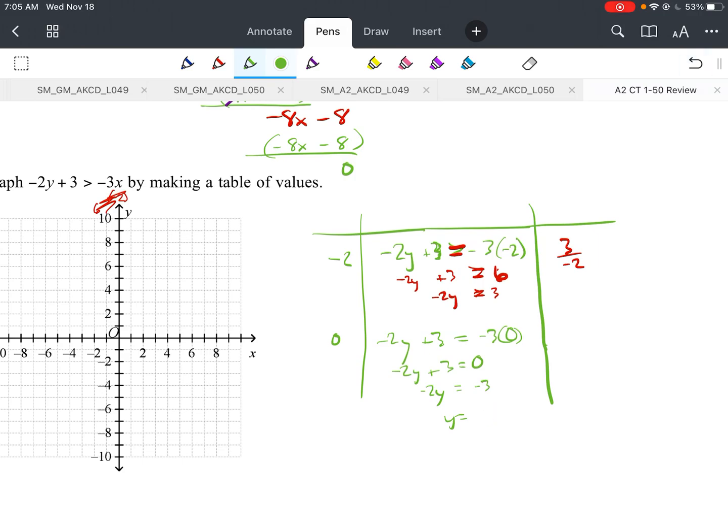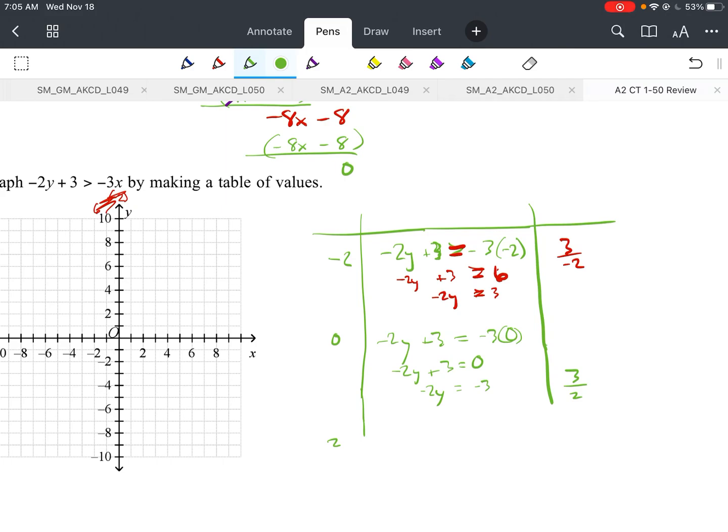So y is 3 halves. Okay, and these are just like creating points for you. These are not great points. I should have picked something divisible by 3 or something so it would work out more cleanly. But we deal with it, all right?